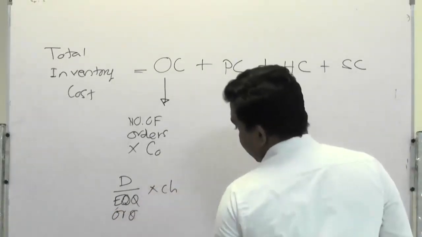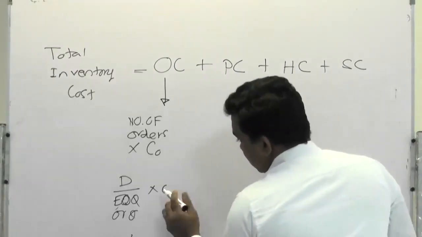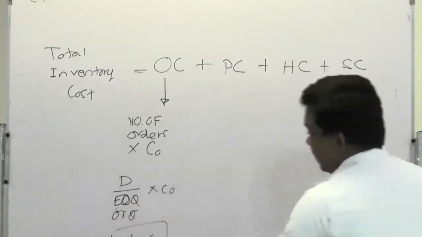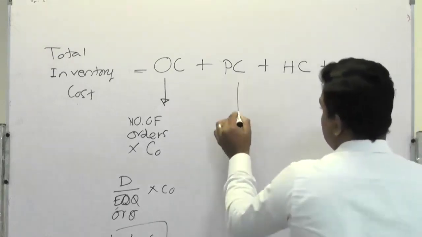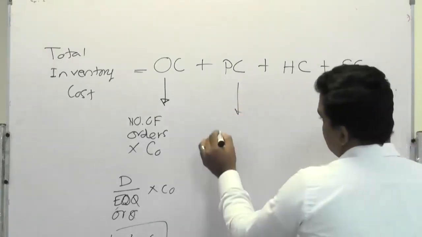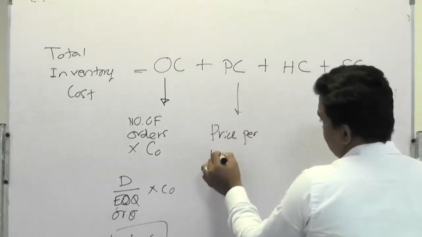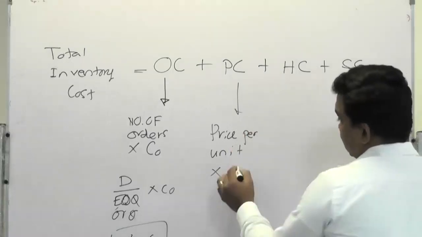Into CO. Therefore, simply I can say D divided by Q into CO is the total ordering cost. Clear?